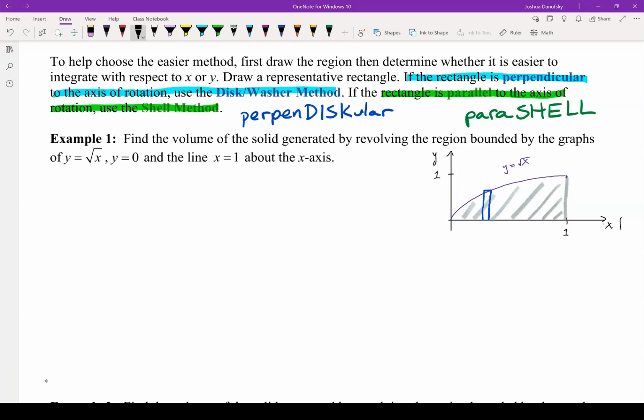We're rotating about the x-axis, and we notice that the representative rectangle is perpendicular to the x-axis. So we're going to use the disk washer method. Revolving this rectangle about the x-axis would give us a disk that looks something like this. And the curve would rotate around to give us a solid that looks something like this.